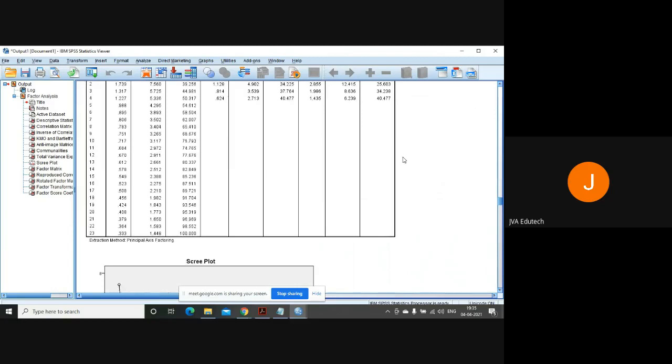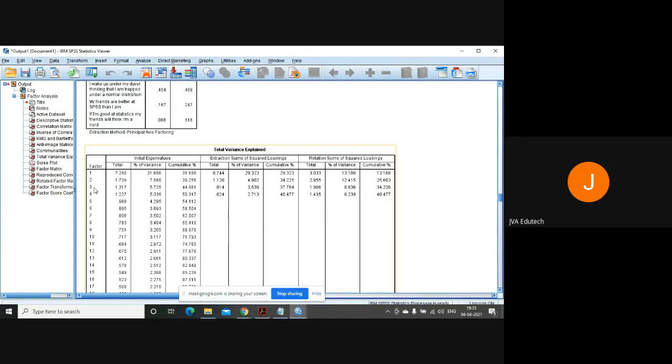And if you just cross validate with this also, you can see in the first case our eigenvalue is 7.290, more than 1, and above 1 eigenvalue is always desirable.